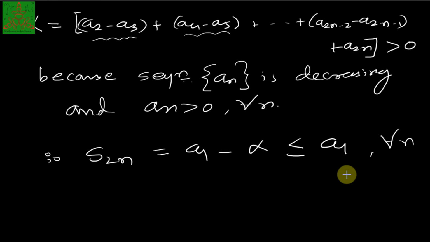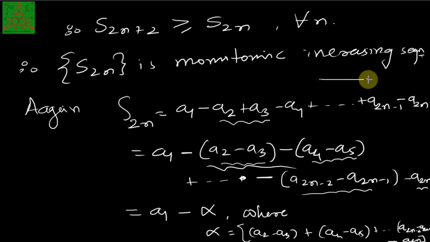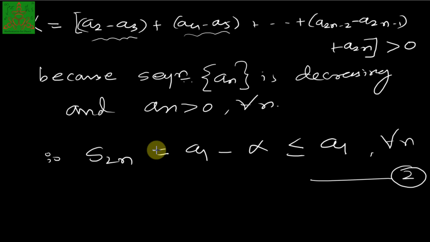So what we have noticed from inequality 2 and from statement 1: statement 1 says that S_(2n) is a monotonically increasing sequence, and inequality 2 says that S_(2n) is a sequence which is bounded above.